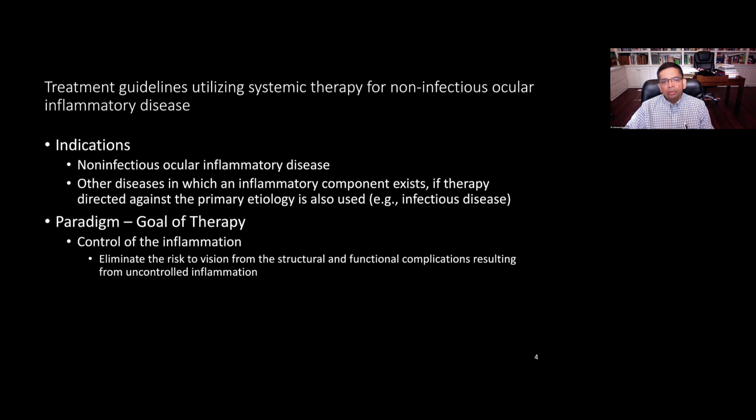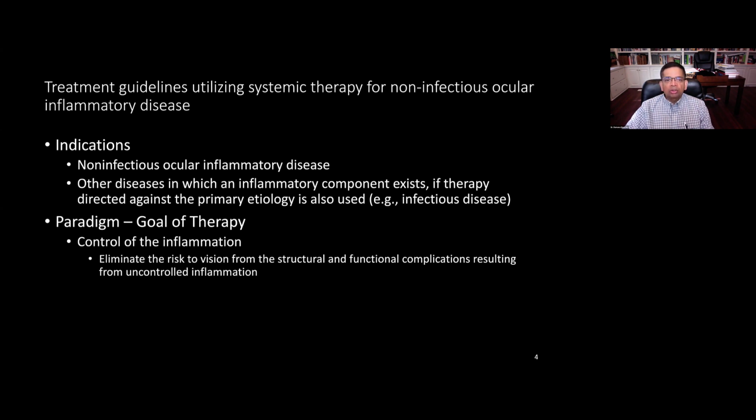When we have identified that the uveitis is not an infectious entity, we already talked about non-infectious versus infectious uveitis. So if it's non-infectious and it's causing inflammation in the eye, how do we treat this?